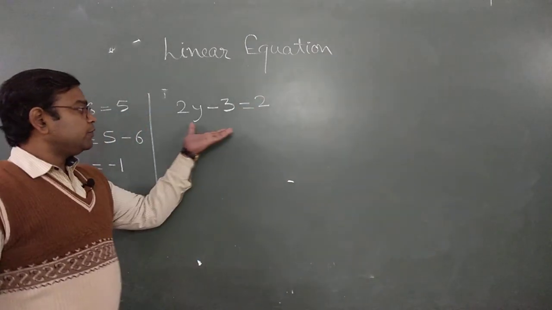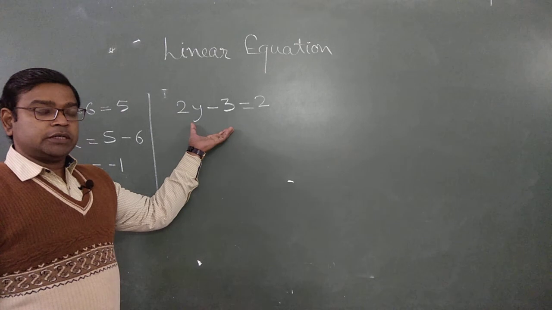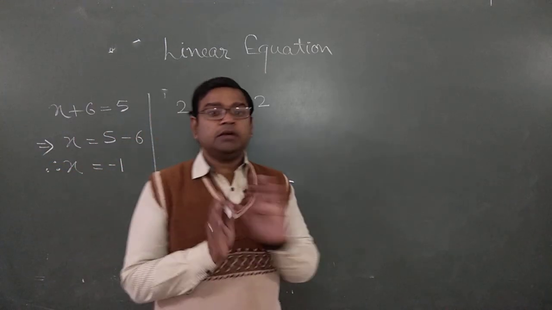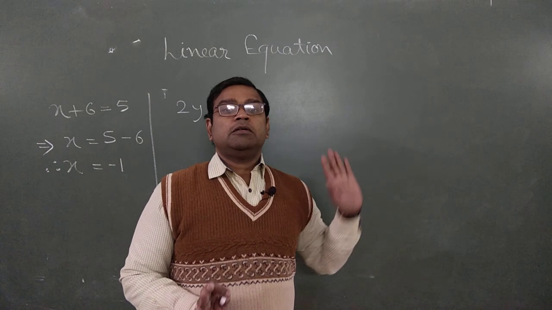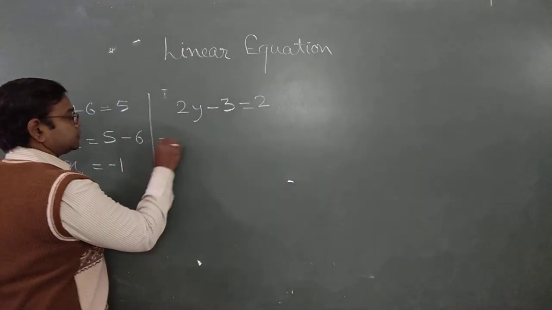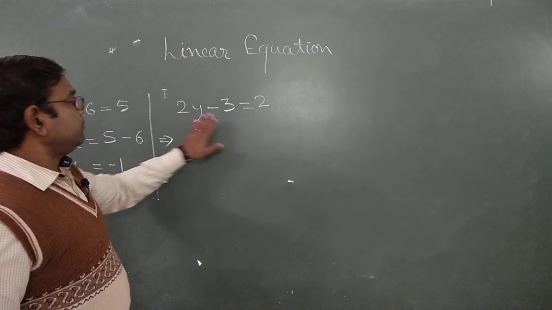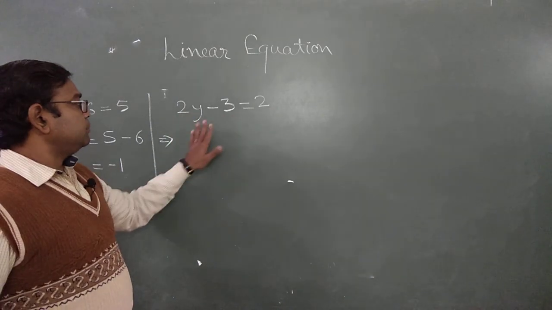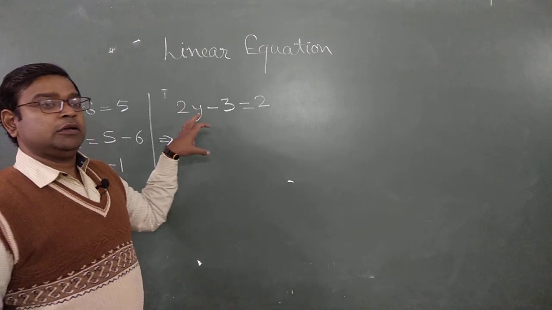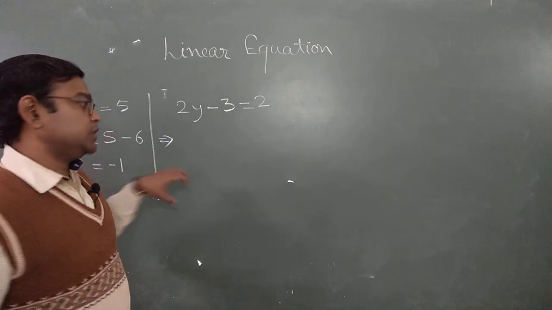In this type of equation, our main aim is to free the variable, but we free the variable step by step. Here we have 2y minus 3; the variable is with some numbers, and we need to free the variable. We need only the variable with no sign, meaning plus sign.